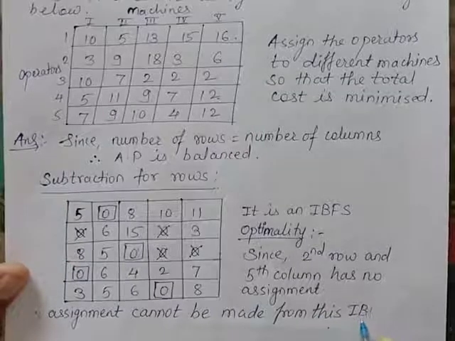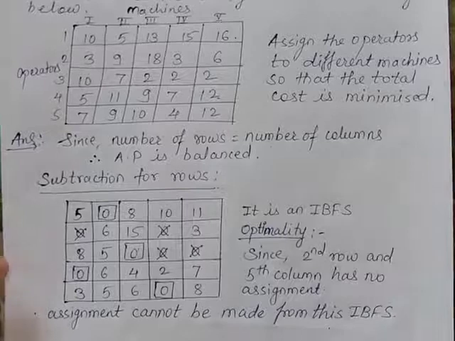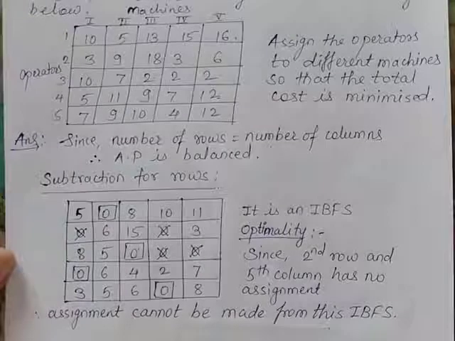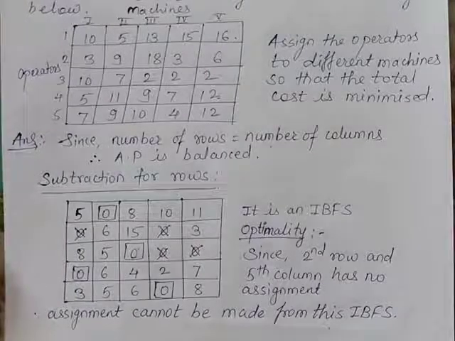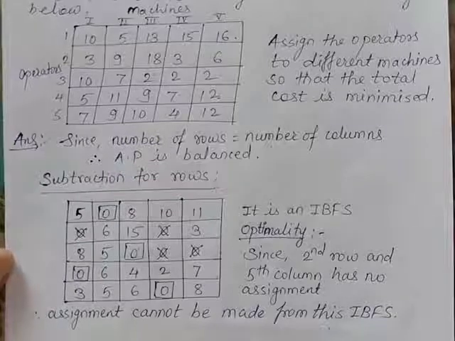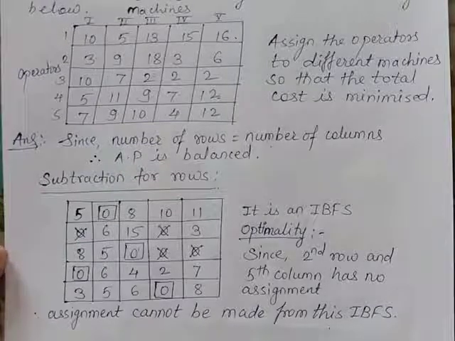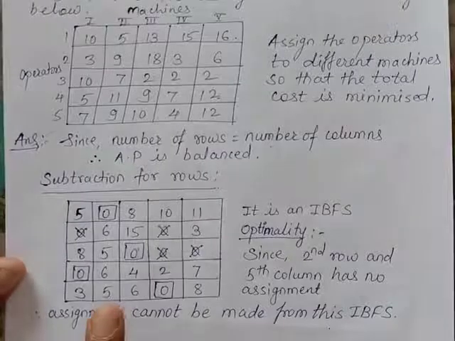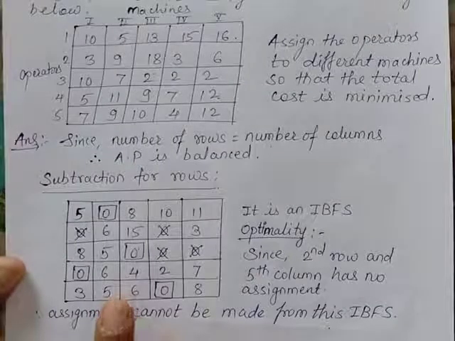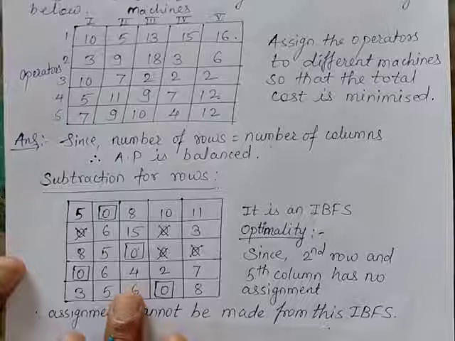So here we need improvement, or if you observe, minimum number of lines passing through all zeros are not equal to the order of this assignment problem or this matrix, cost matrix.